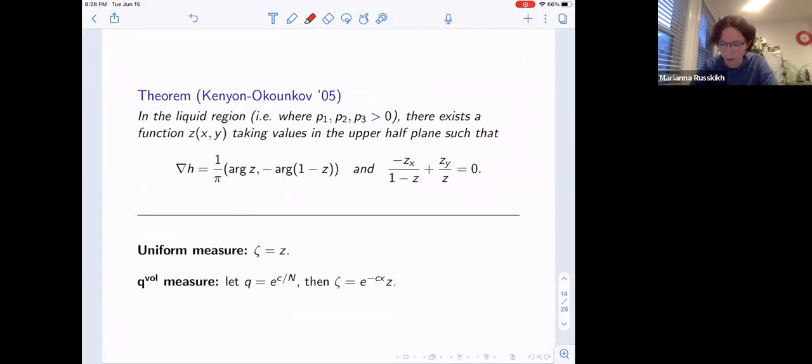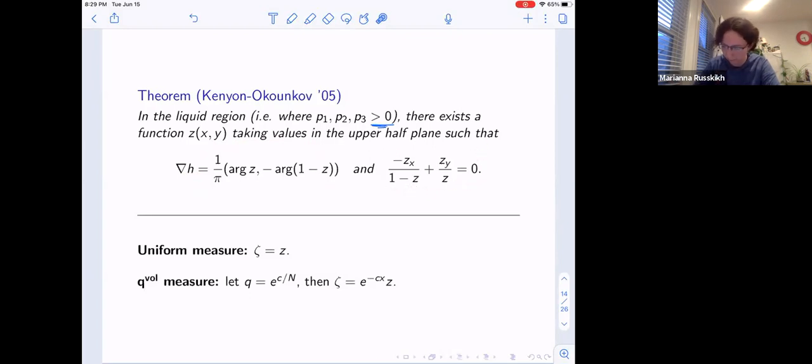And here is a theorem by Kenyon-Okounkov: in the liquid region, recall that the liquid region is where the probabilities of all three types of lozenges are positive, there exists some function z which is related in the following way to the limit shape of the height function and satisfies some differential equation.